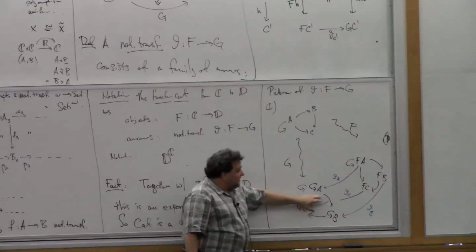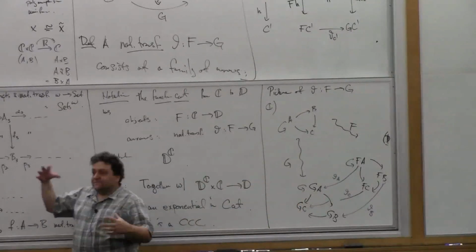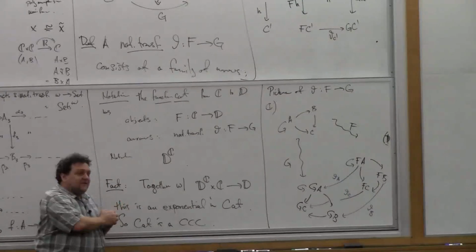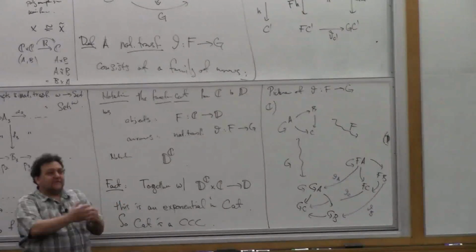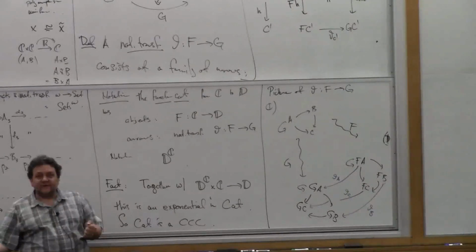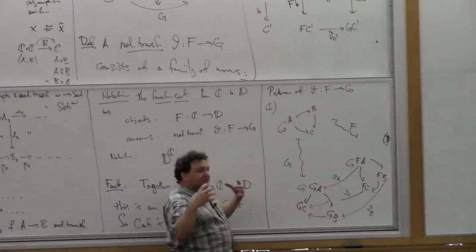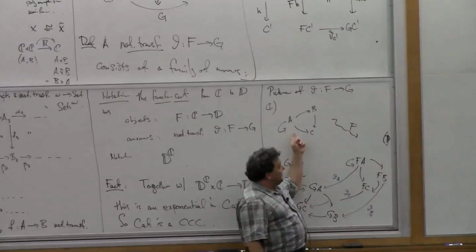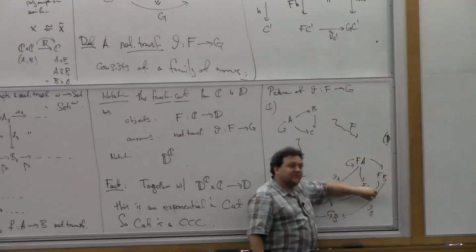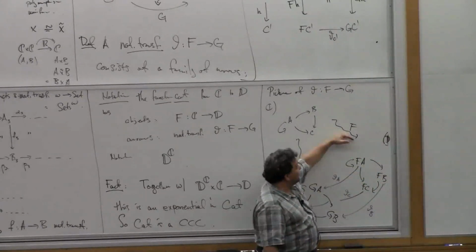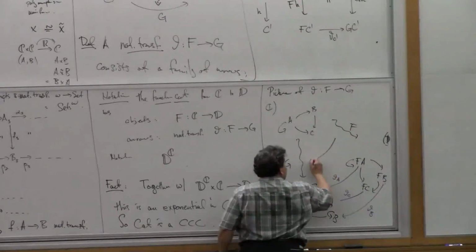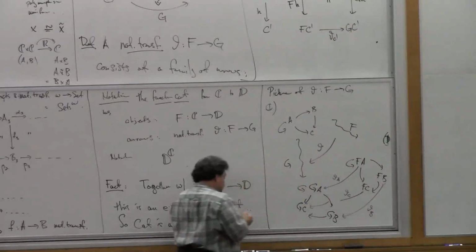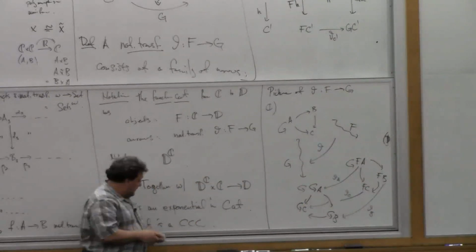And now G is some other construction. Theta is a way of transforming one of the constructions into the other. It's a way of relating the one construction to the other. But it's relating the constructions themselves and not the individual values of the construction. It relates the whole construction F to the whole construction G. And that's our way of describing that idea.